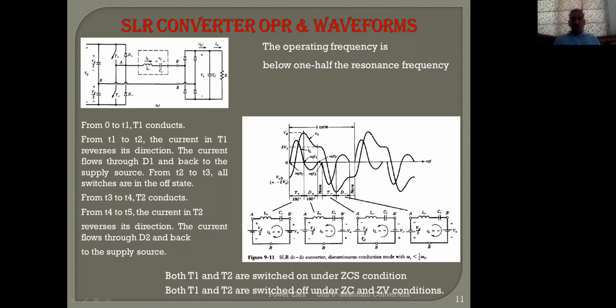This is the most positive point in this circuit. Which one? That is B. B is the most positive point in this circuit now, and current flows in a negative direction. Is it?